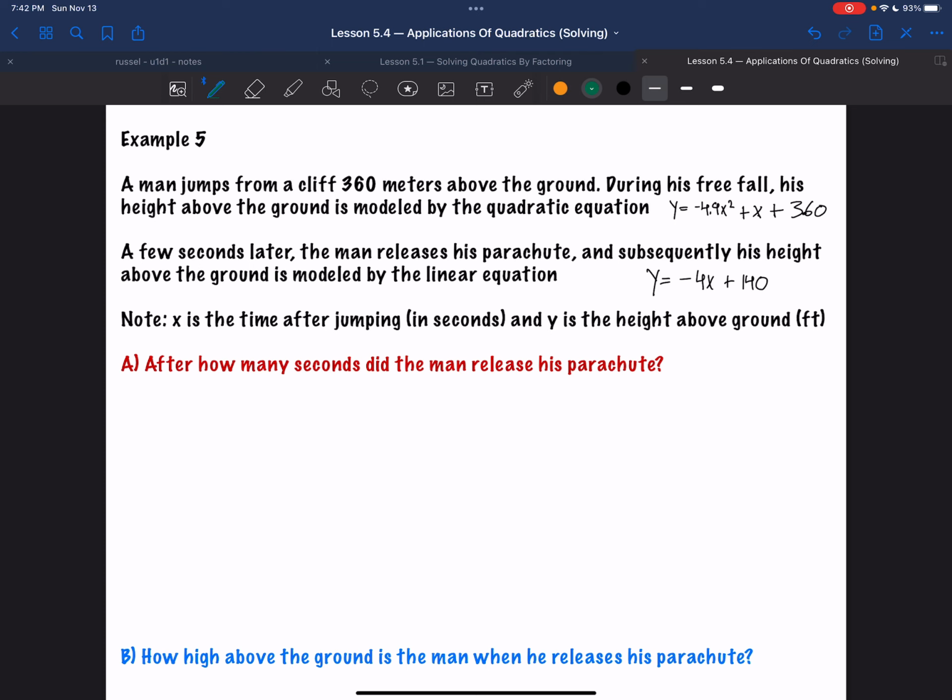So, after how many seconds did he release his parachute? Well, we're looking for where the quadratic, which is falling, meets the linear, which is the parachute.